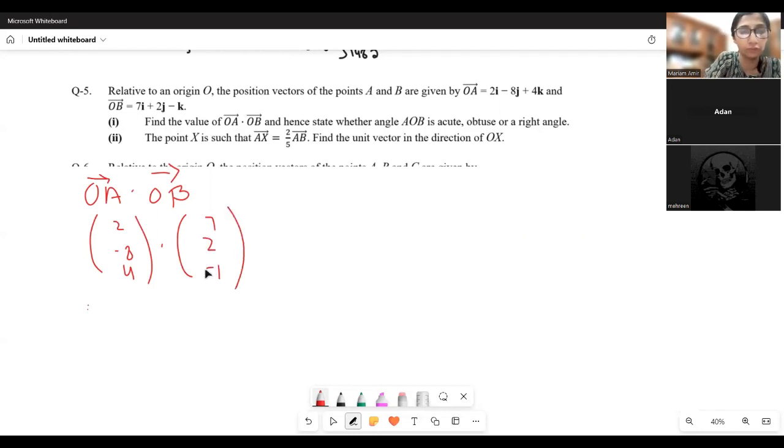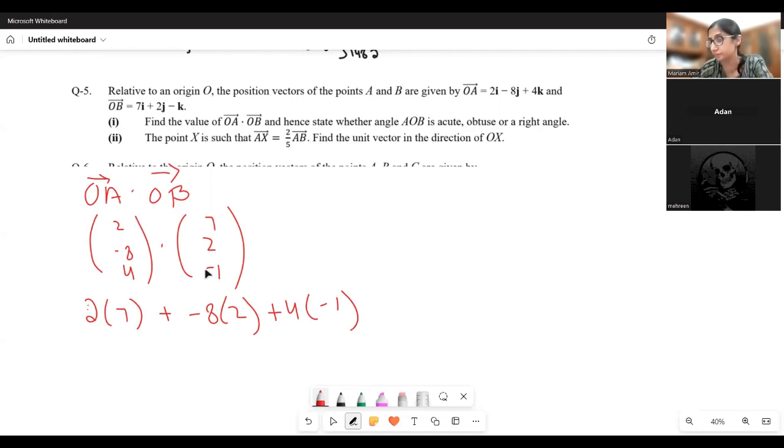So that would be 2 times 7 plus minus 8 times 2 plus 4 times minus 1, which is minus 6.